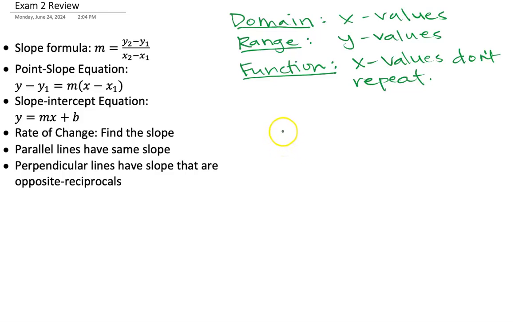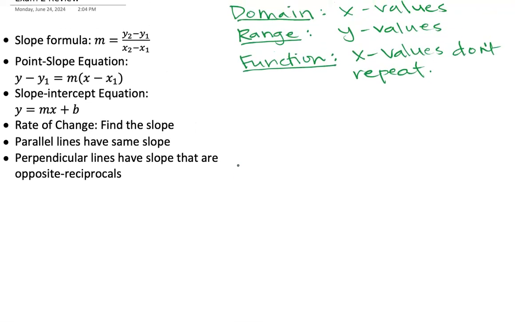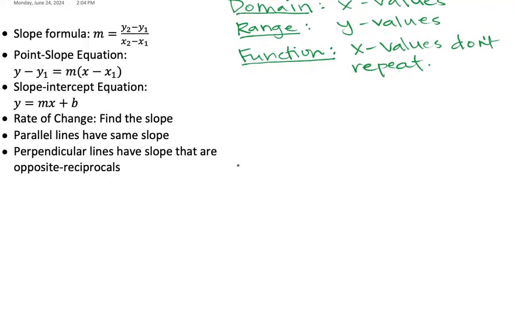Okay. All right, let's look at a few questions from Module 1 and Module 2, and then the bulk of the time will be spent working on problems from Module 3 and Module 4.